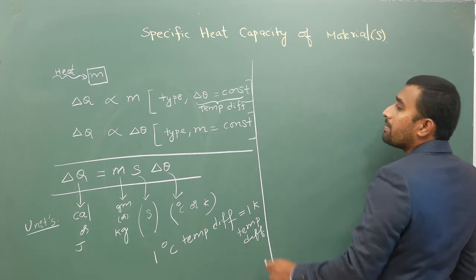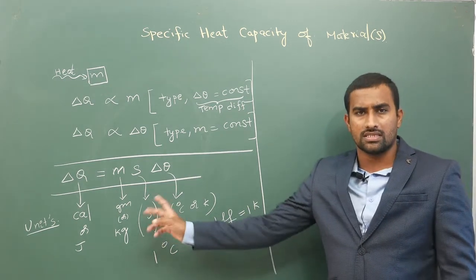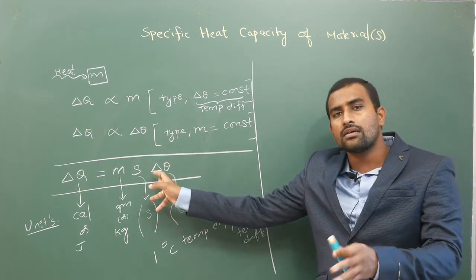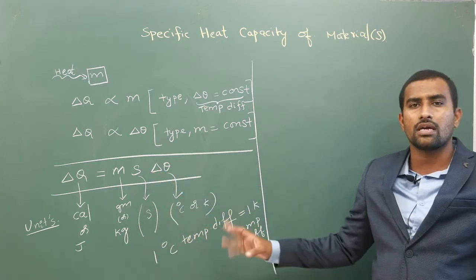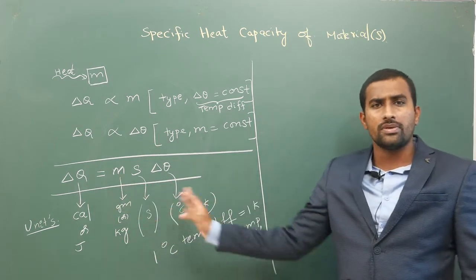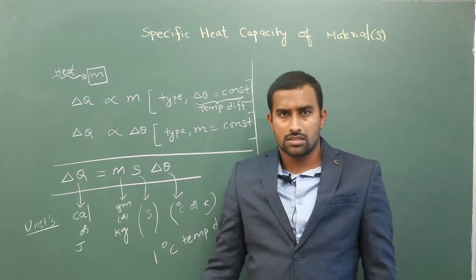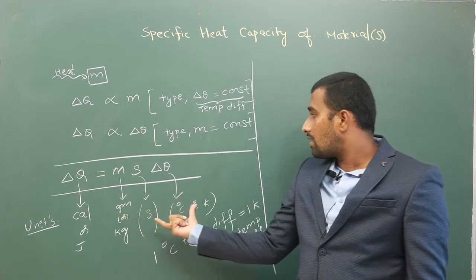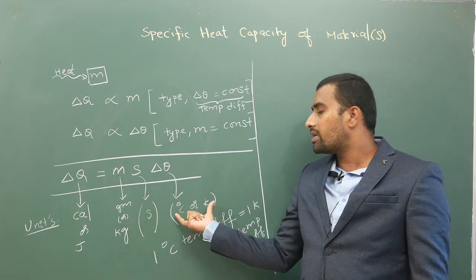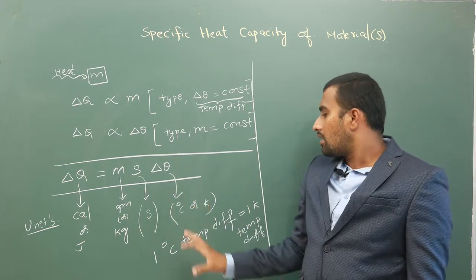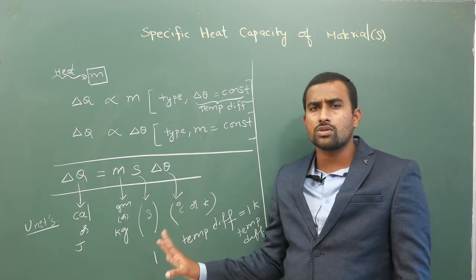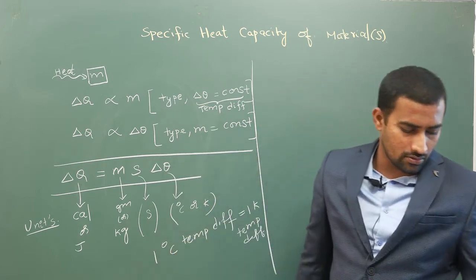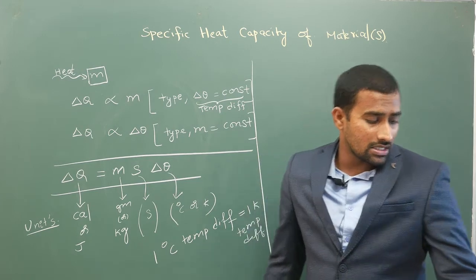Your temperature difference is the same in both scales. So in this delta theta, it doesn't matter whether we use degree centigrade or Kelvin, because both give the same results. Don't worry about the final unit for temperature. Your delta C is equal to delta K, which we have already seen in thermal expansion.